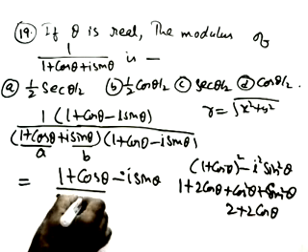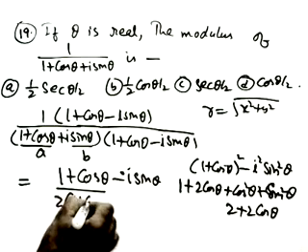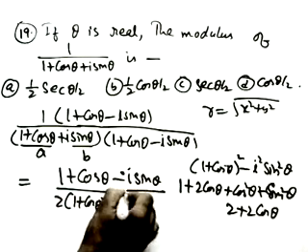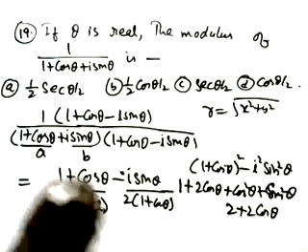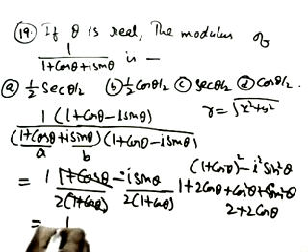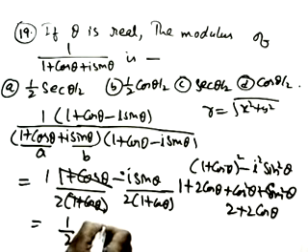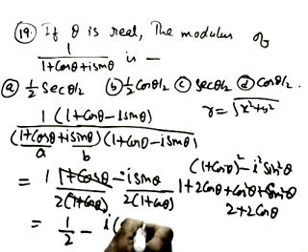Now if you take 2 common, it is 2 into (1 plus cos theta). Here also, if you take 2 common, 1 plus cos theta. So this will get cancelled. What is left here is 1, so this is 1 by 2 minus i into sine theta.